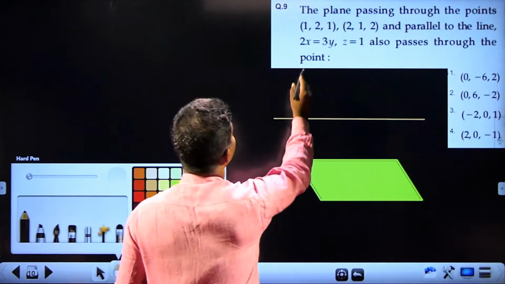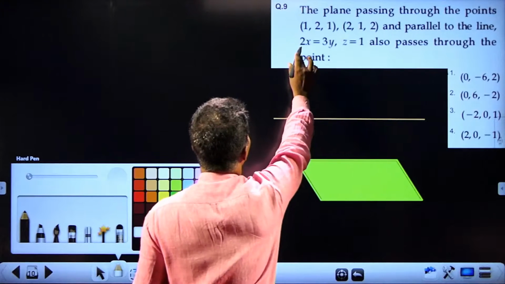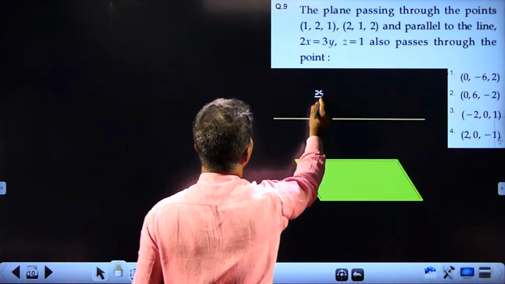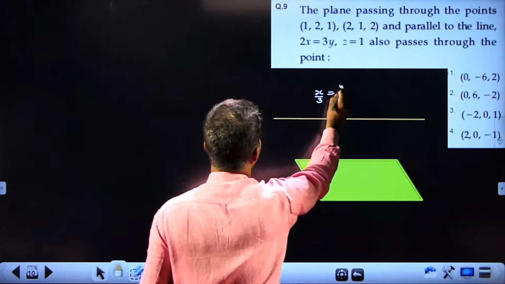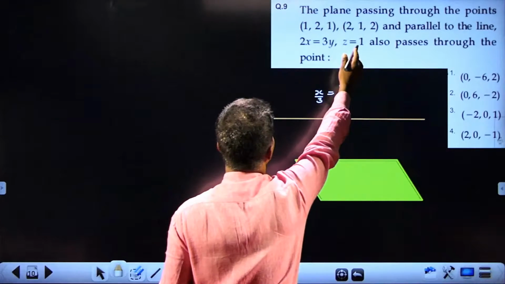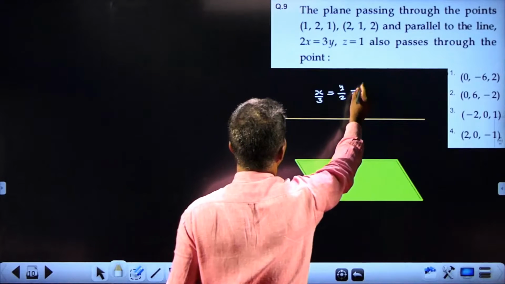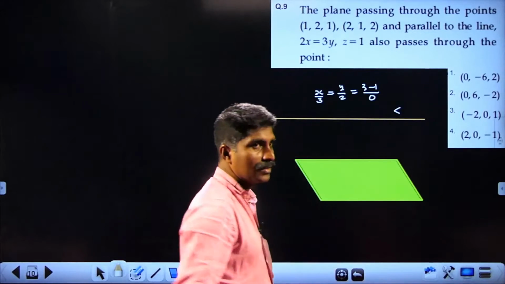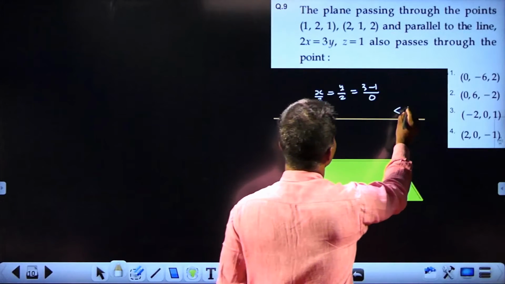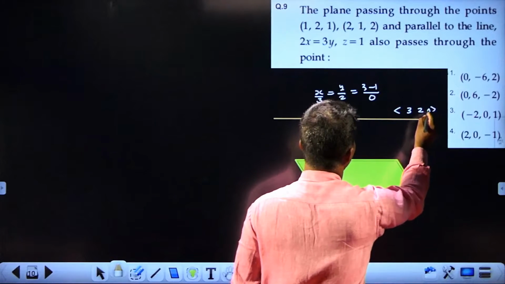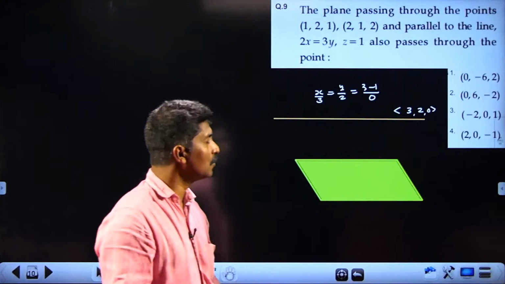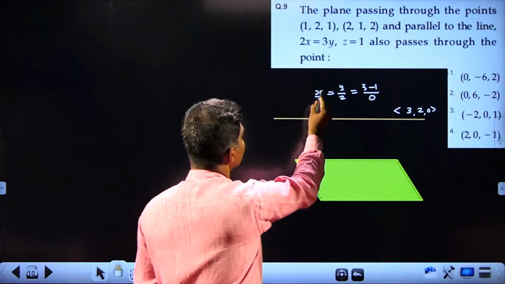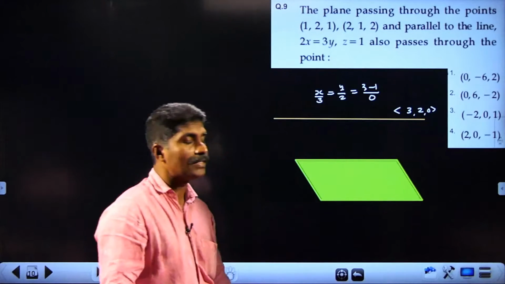Can you directly write the equation of the line? 2x equal to 3y, therefore x divided by 3 is equal to y divided by 2, and z minus 1 divided by 0. So what are the direction ratios? The direction ratios are 3, 2 and 0. And there is also a point on this line, which is 0, 0, 1.